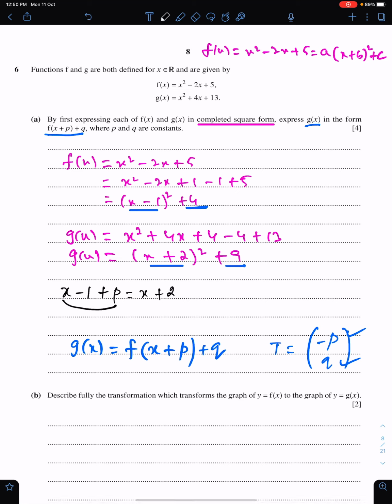This is object and this is image. Meaning x minus 1 plus the horizontal component of translation will give you this image. So the value of p will be 3. This means when you add 3 here, you will get x plus 2.